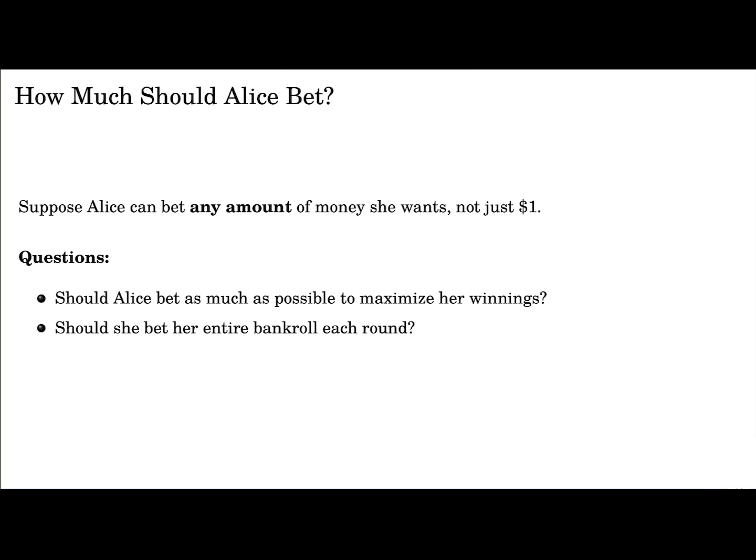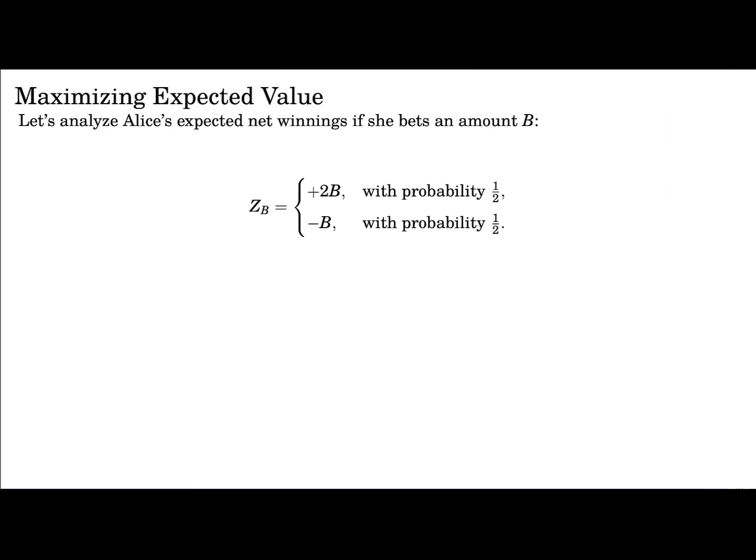So let's look at this from the point of view of maximizing the expected value. Let's say Alice is a huge fan of expected value. She saw before that if the expected value is negative, she shouldn't play. And so for her, it's all about maximizing expected value.